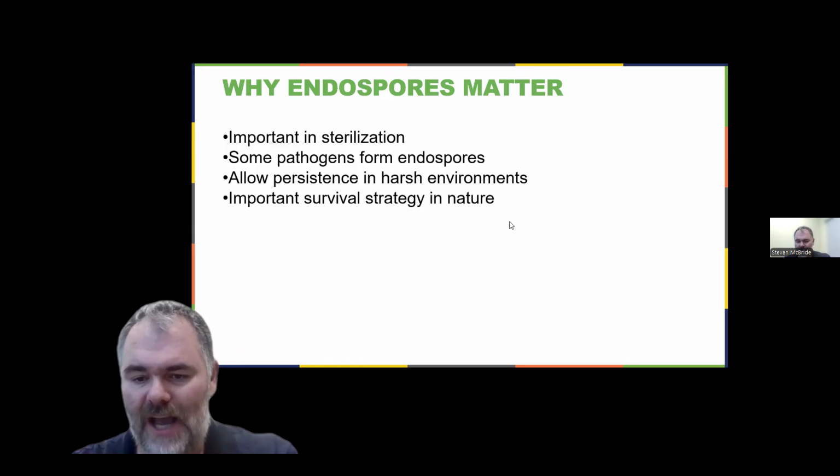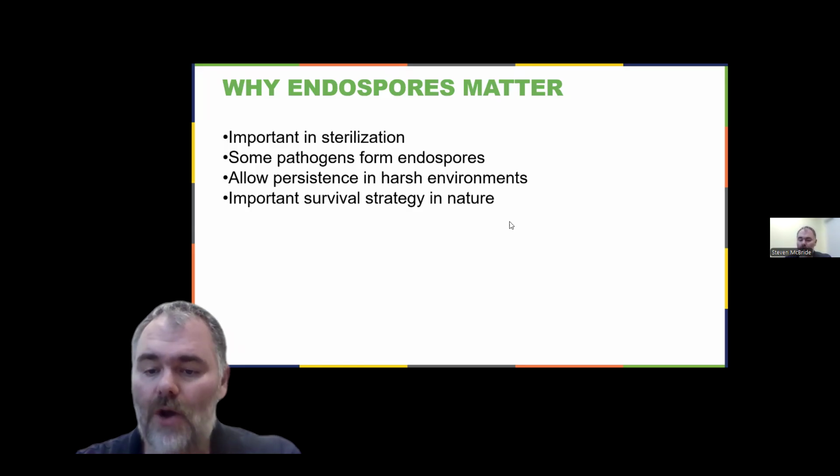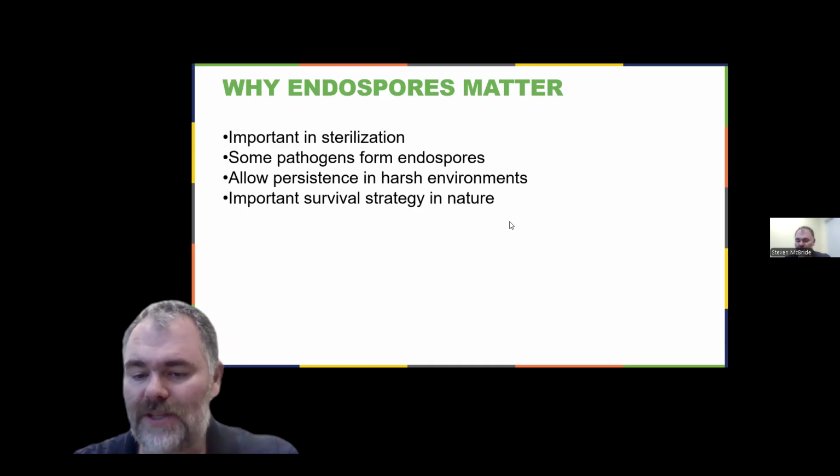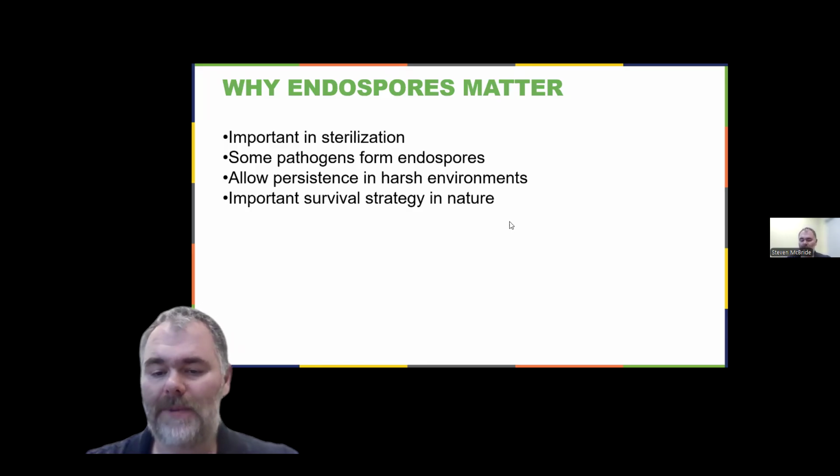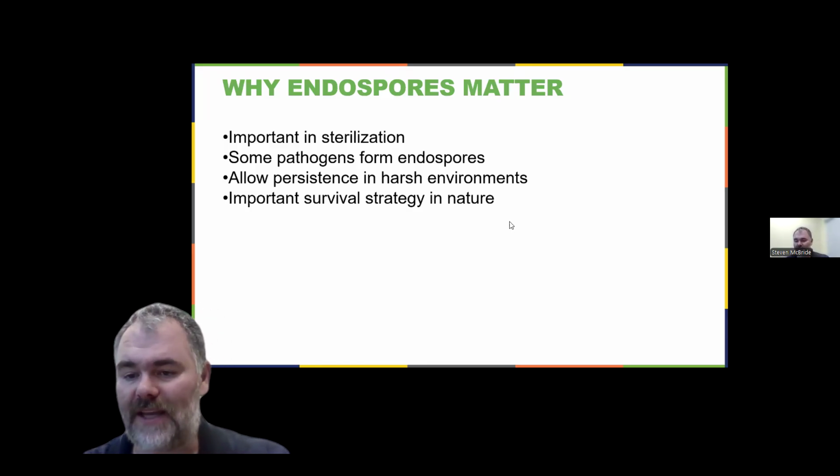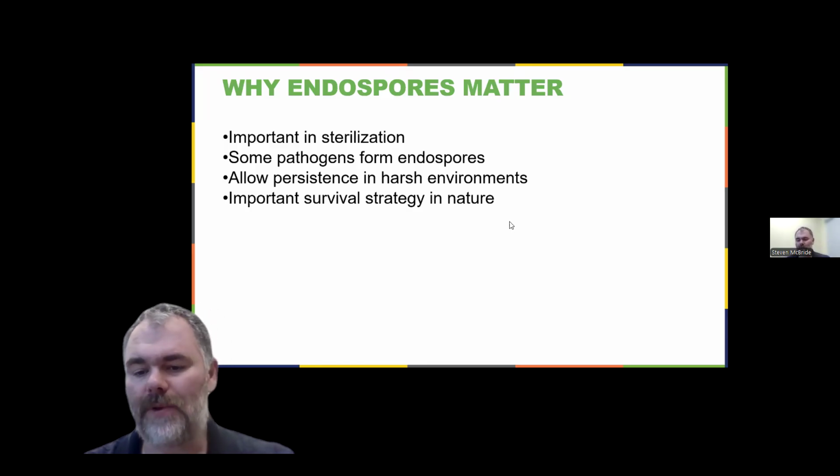This survival strategy helps certain bacteria remain in ecosystems for long periods of time, waiting for favorable conditions to return. So, although endospores are dormant structures, they have enormous impacts on disease, food safety, sterilization, and microbial survival across natural environments.